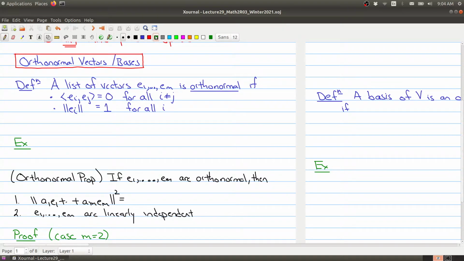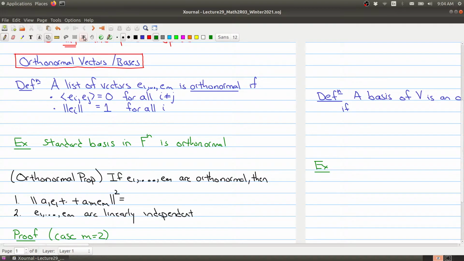When thinking of an example of an orthonormal basis, the standard example is the standard basis in F^n. The standard basis in F^n is orthonormal. So as we go through today's lecture, if you're trying to think of something orthonormal, just think of the standard basis.